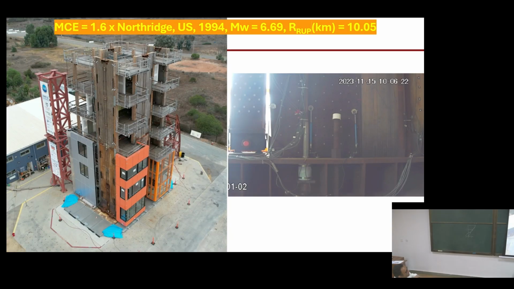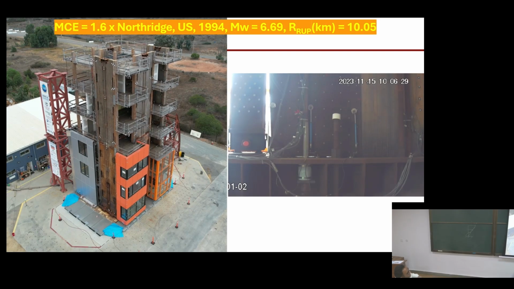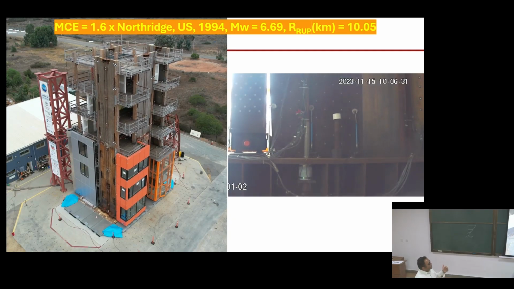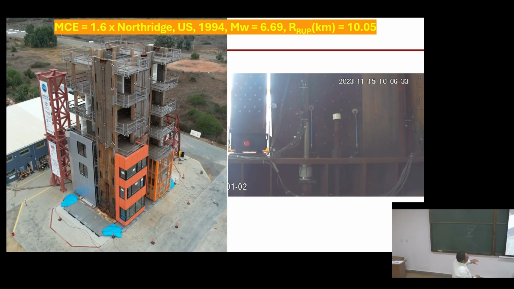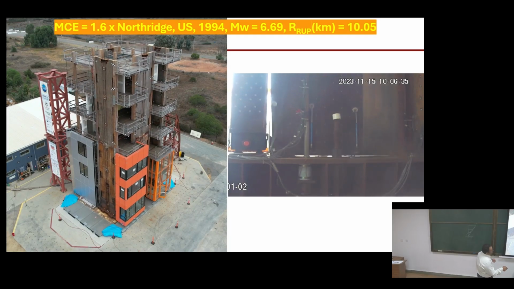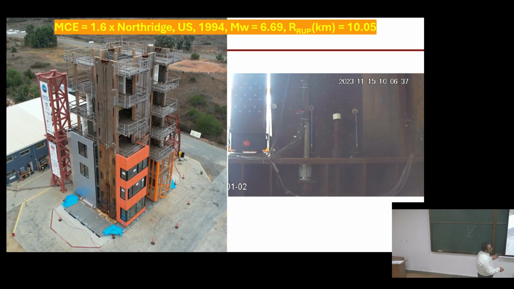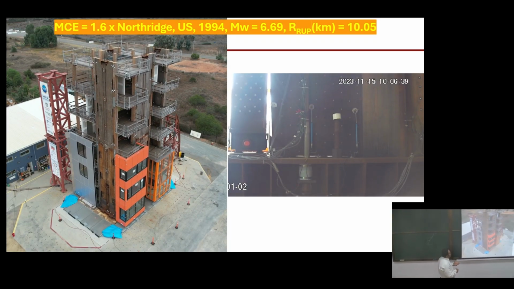I'm not sure why the previous video did not work, but let's see if it works. So this is the one previous to switching out to a different lateral system. It still has the UFPs, so this is a close-up of the UFP walls while the shake table is shaking.